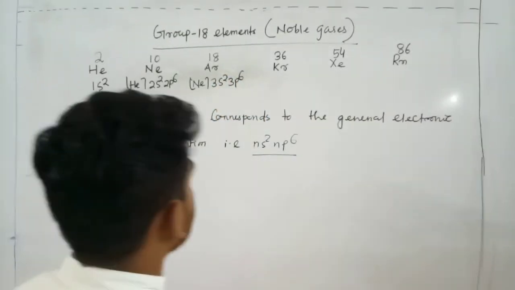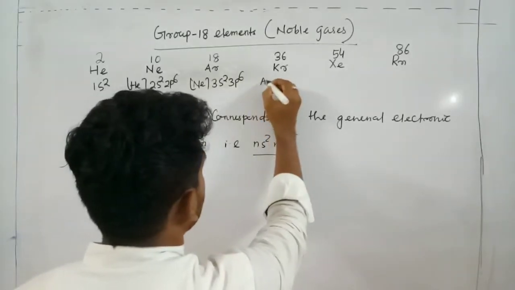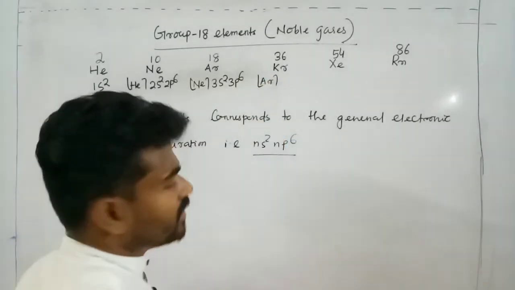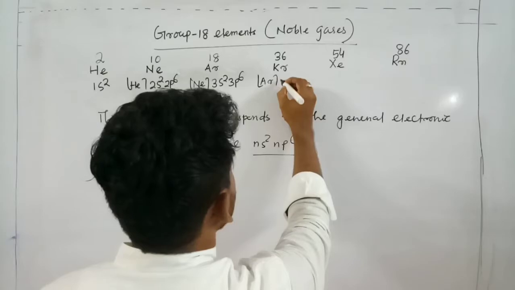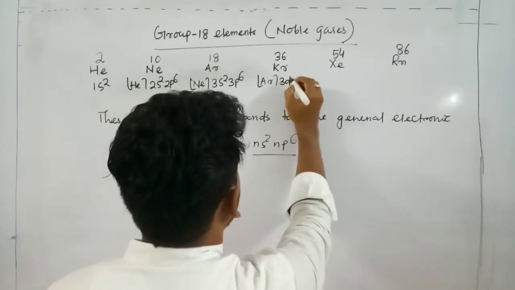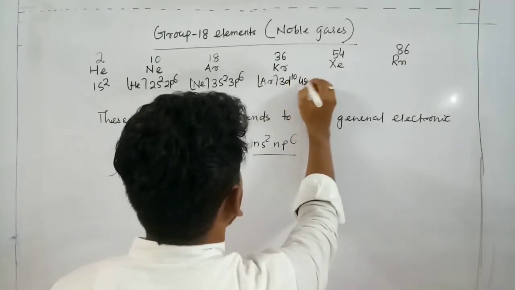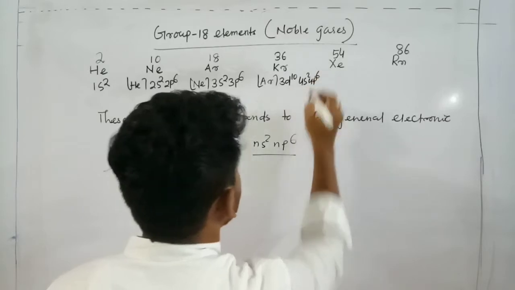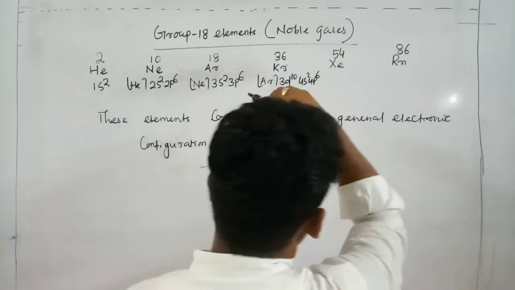Next, that is krypton, you can mention argon and then 3d10, 4s2, 4p6.